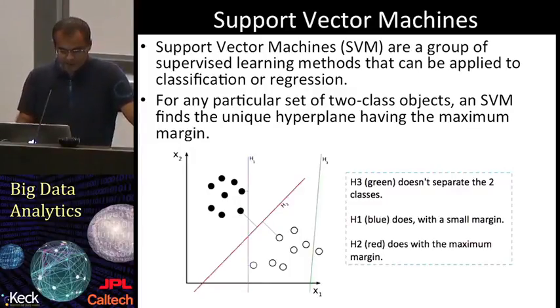Suppose we have two classes like in the figure. In this example, the hyperplane in green doesn't separate the two classes at all. The one in blue does it, but with a smaller margin than the one in red, which is the optimal choice in this case, since it has the maximum margin.